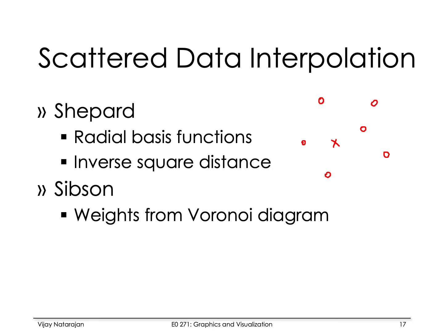Now, of course, at this point, the function may not even be defined in certain situations. But let's assume that the scattered data is such that it is a collection of samples on the plane, and the plane is a valid domain.